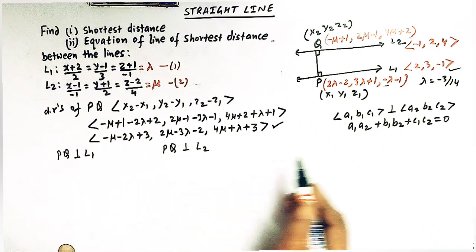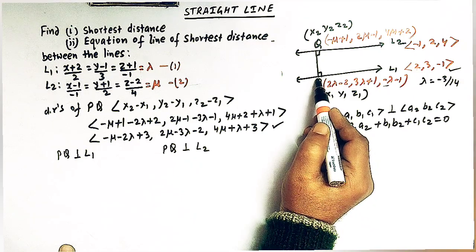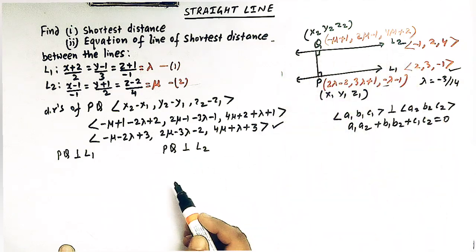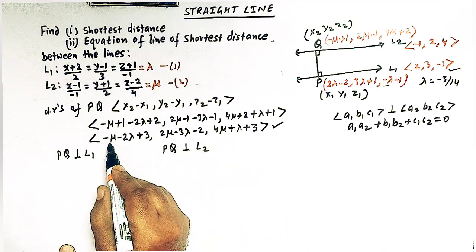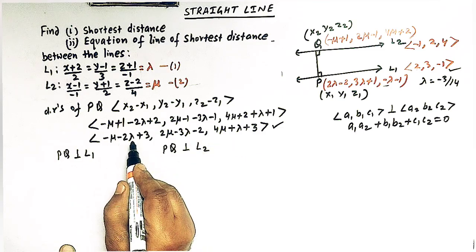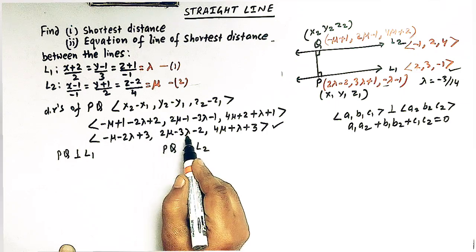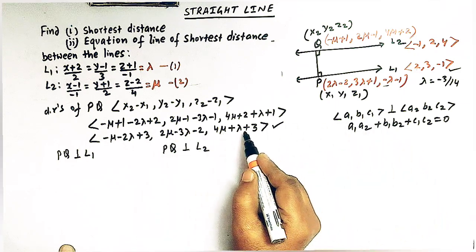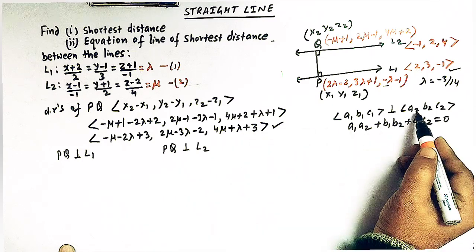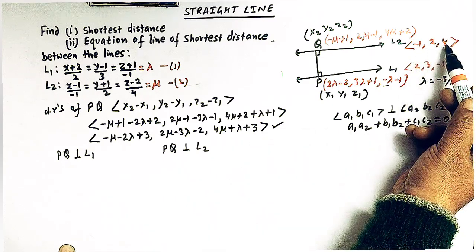So now let us apply this condition to this one. Here PQ is perpendicular to L2, right? So now A1, B1, C1 remain the same, that is minus mu minus 2 lambda plus 3 as A1. B1 is 2 mu minus 3 lambda minus 2. C1 is 4 mu plus lambda plus 3, and A2, B2, C2 may be taken as -1, 2 and 4.